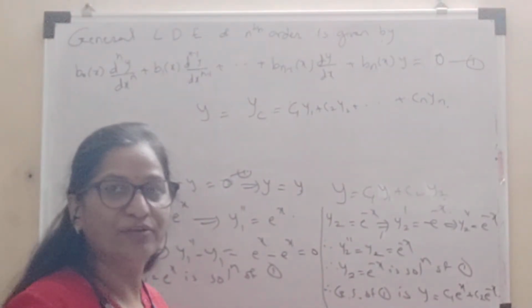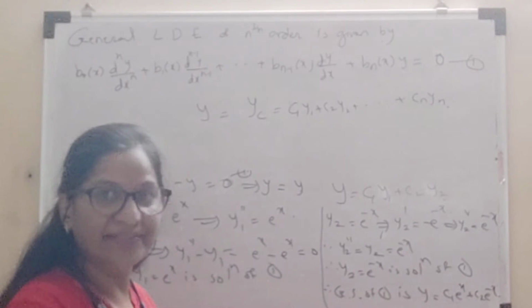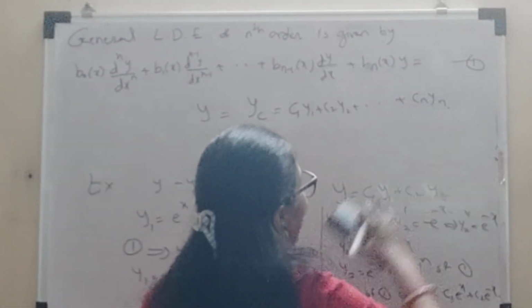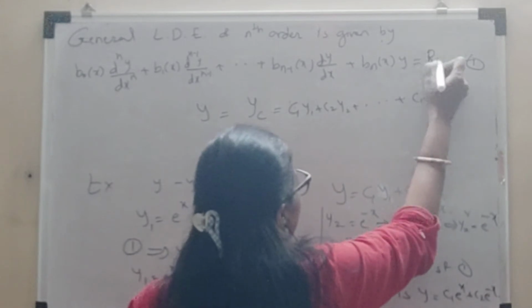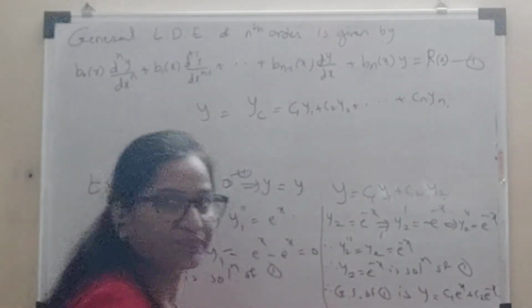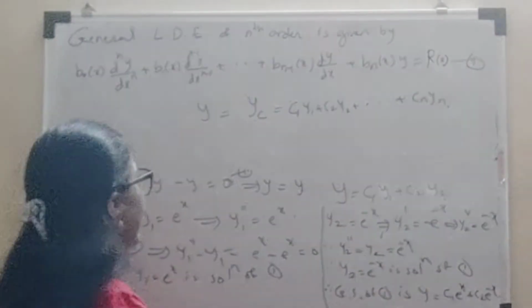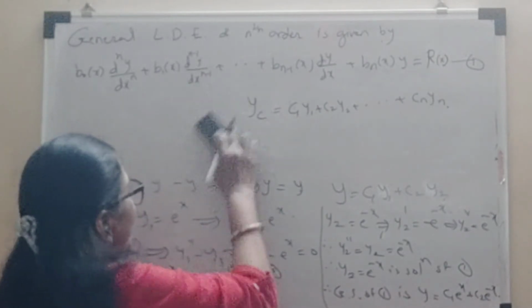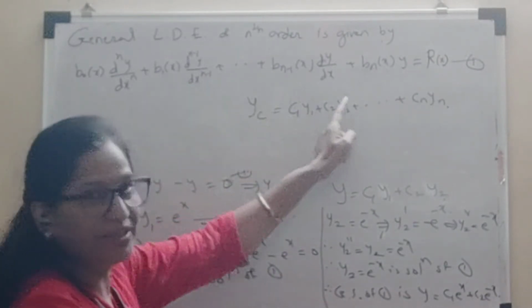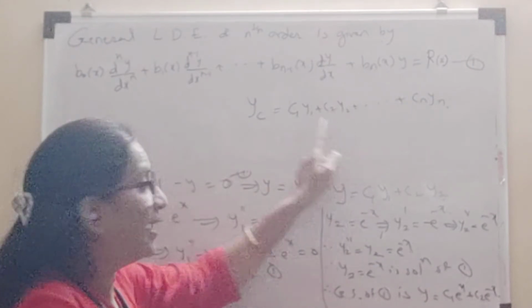But if it is not homogeneous, meaning it is non-homogeneous, in that case this r of x is not equal to 0. So I will put r of x over here. Then the complementary function for this differential equation will be the same. Why?